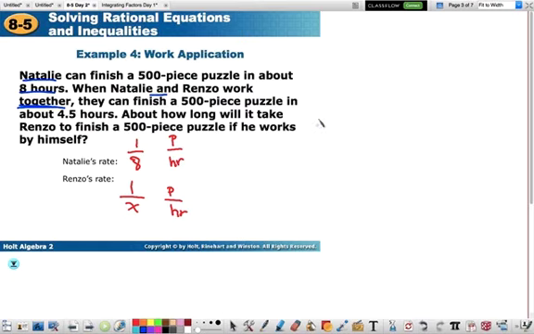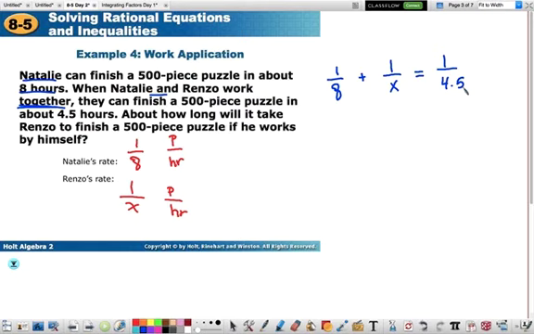Let's write it down and see if it makes sense. Natalie's, she does 1/8 of it. Renzo's, he does 1/x of it. Together, they do one puzzle divided by 4.5 hours.